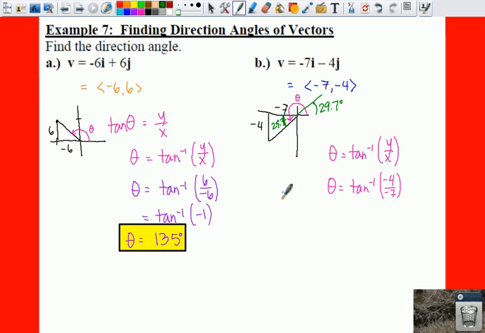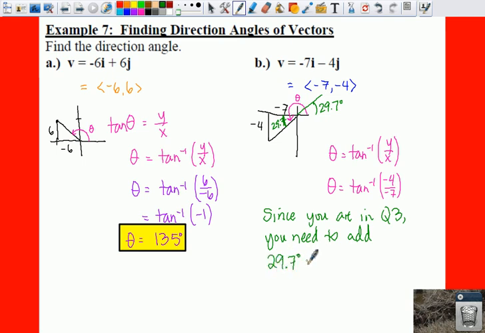And since you are in quadrant 3, you need to add 180 plus your 29.7 degrees. So that is going to give you 209.7 degrees. That is your theta.